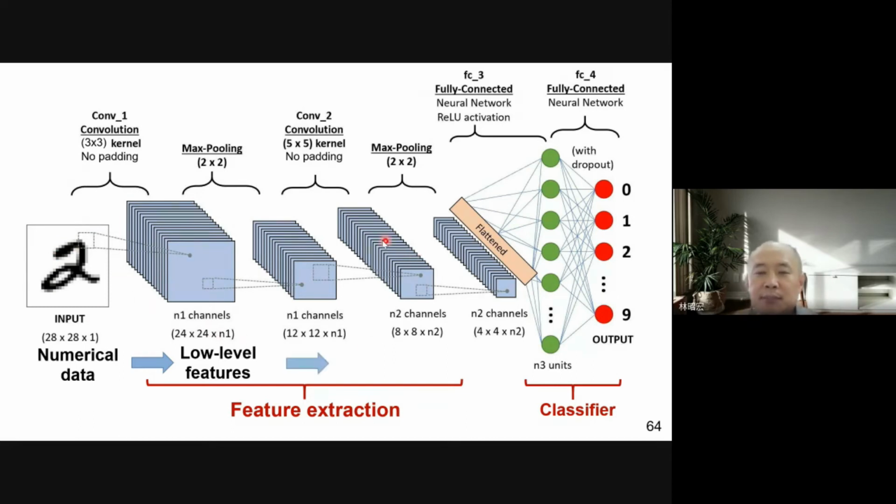The second convolution layer extracts features from the feature map, so we can simply call them high-level features. Then you can recognize the content from the high-level features. That's the process of the CNN.